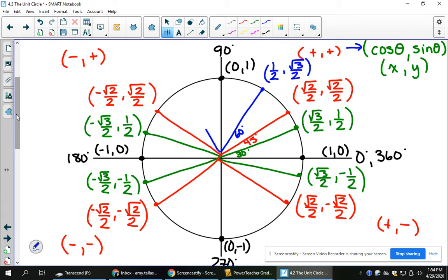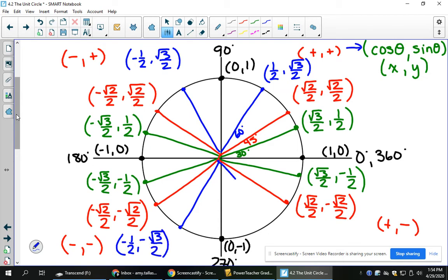I'm now going to reproduce that in every other quadrant following the sign rules. Boom, done. That's the unit circle that you need to know.